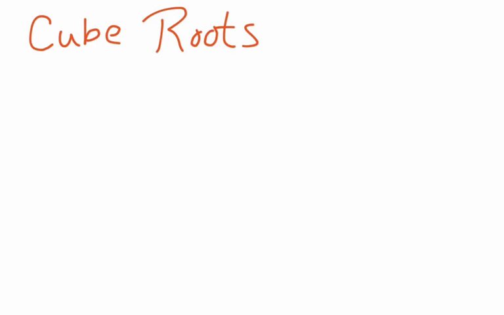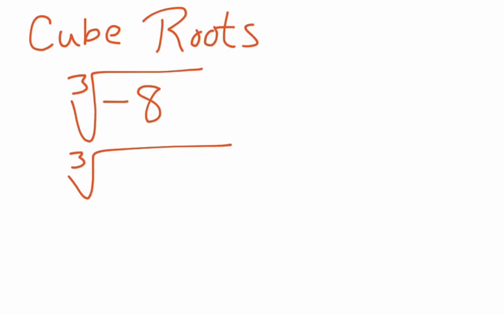So if we had, say, the cube root of negative 8, we could actually factor that a couple of different ways, but I want you to follow this. I could factor that into negative 2 times negative 2 times negative 2.